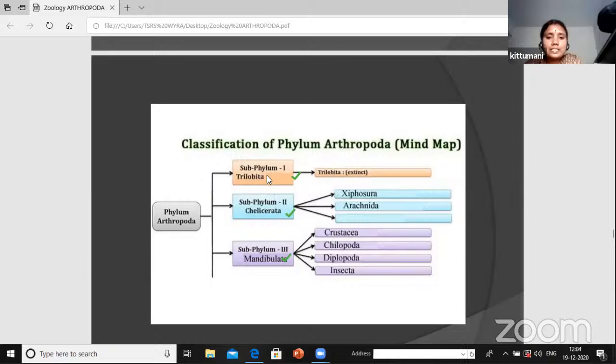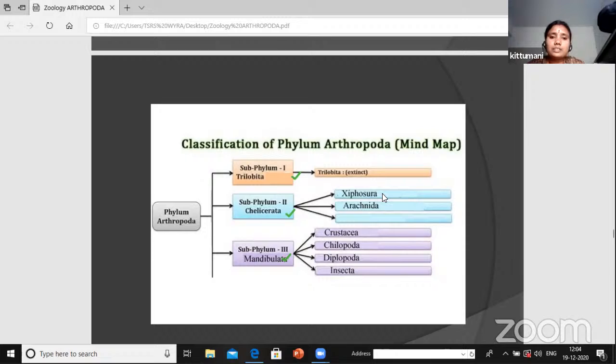They are the three subphyla belonging to the phylum Arthropoda. Next, in the subphyla, we will observe the classes also. Different classes we will observe in the phylum Arthropoda. What are they? In the subphylum Trilobita, we will observe one single class. This is also extinct. They are not living at this time. That is the Trilobita.